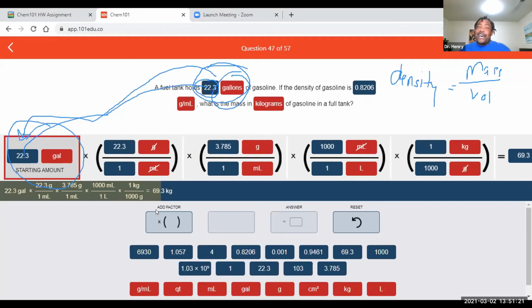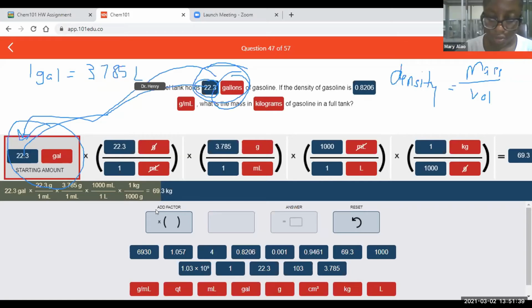For instance, I know off the top of my head, because I think about things a whole lot, that 1 gallon is about 3.785 liters. I'm not trying to say milliliters, but liters.